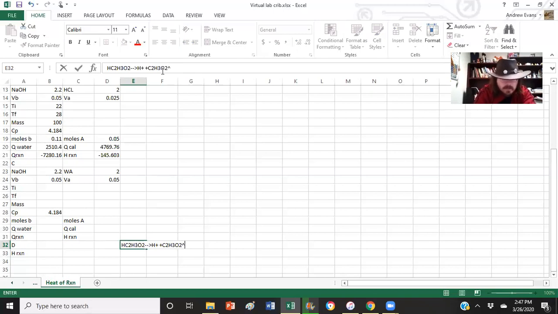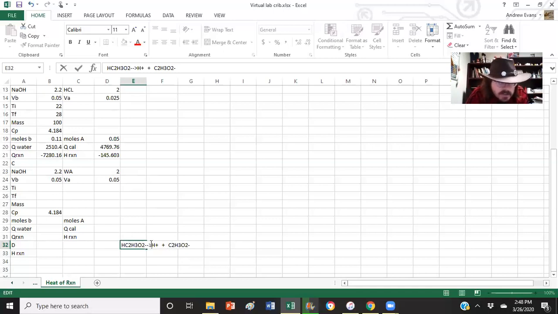You're trying to figure out what energy would be associated with that. And based on the reactions you did in part B and part C, you figure out which way you would add or subtract those reactions together to get this hypothetical reaction.